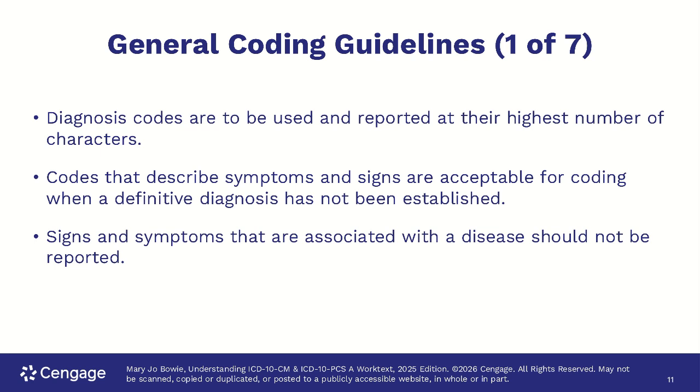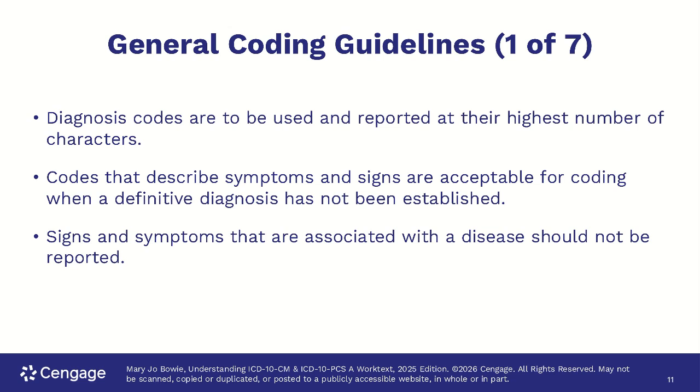Next rule. This next couple of rules are related to signs and symptoms. So, codes that describe signs and symptoms can be reported when a definitive diagnosis has not been established. So, let's say the person has a cough and they have pneumonia. Pneumonia is a definitive diagnosis, and so the cough wouldn't be coded. Well, let's say you didn't have anything but the cough.